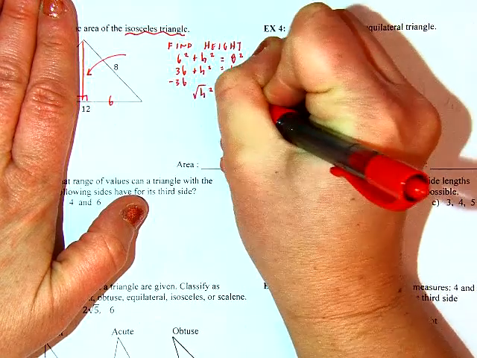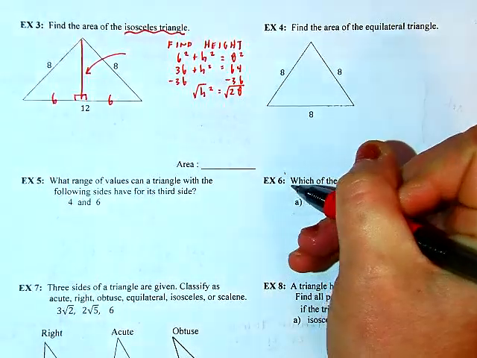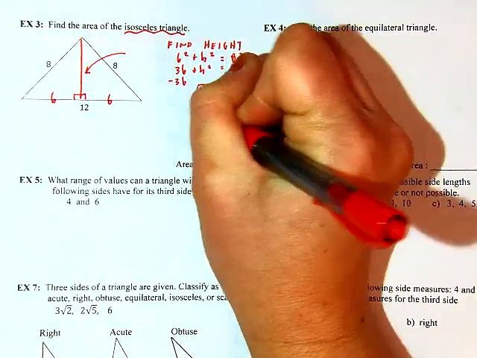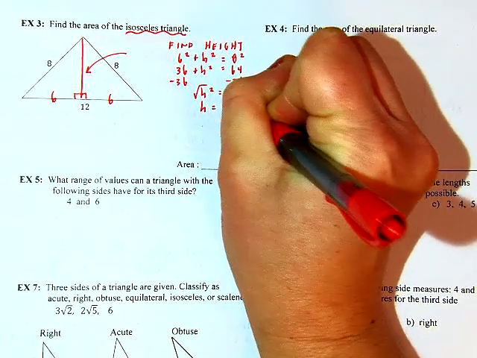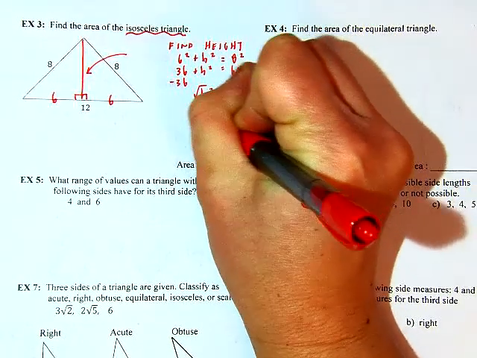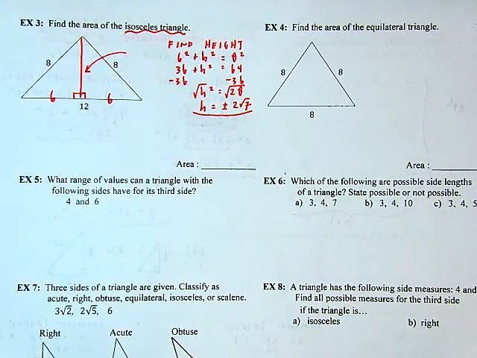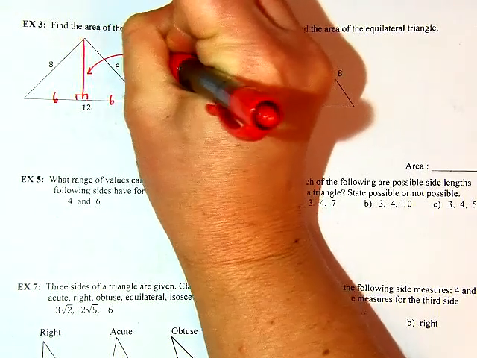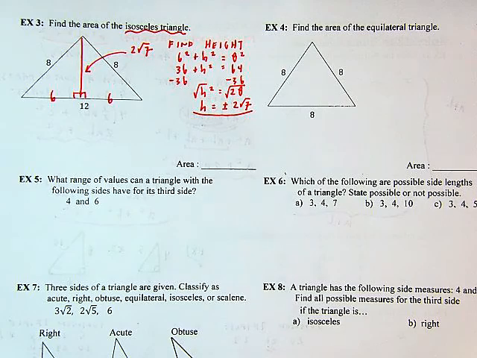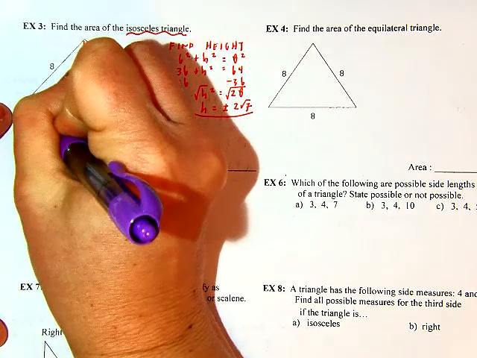Solve by taking the square root. 28 is 4 times 7. So h would be plus or minus 2 root 7. But only the positive, the height has to be positive. So 2 root 7. So my height has a measure of 2 root 7. Now I want area.